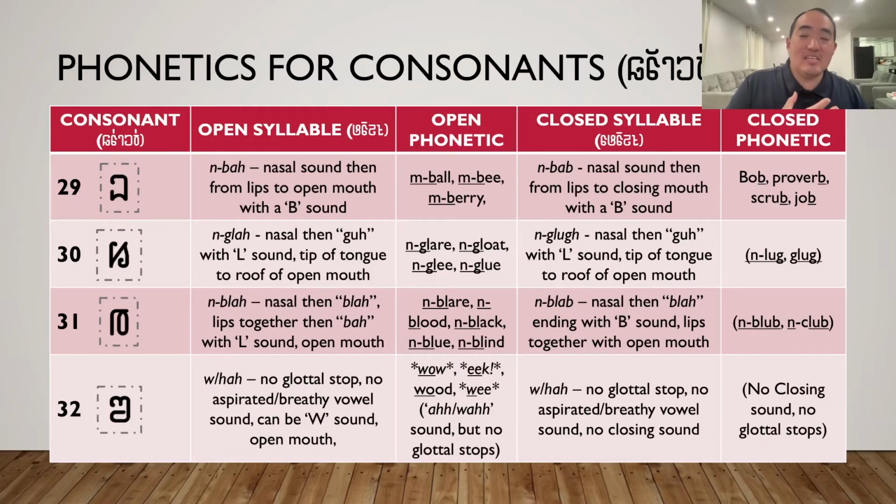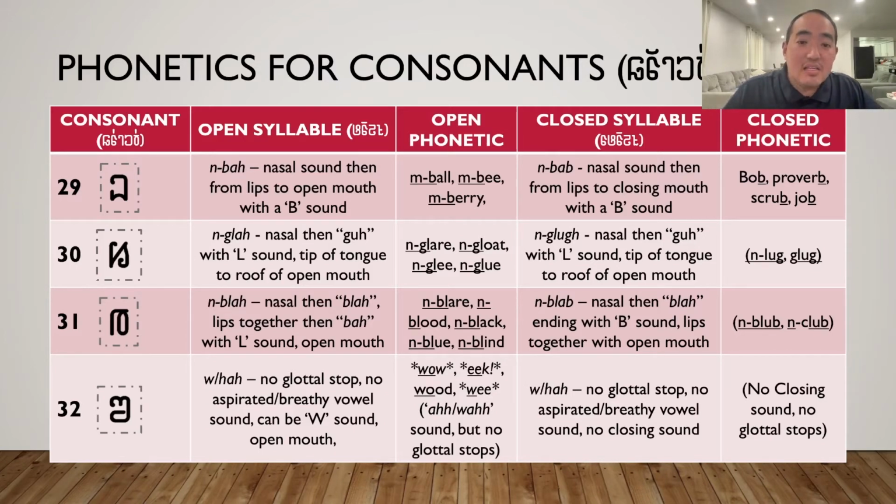So ah has a glottal stop, like you can feel the vocal cords closing. This one does not have a glottal stop, and it's not an aspirated breathy vowel sound as well. But it can be like a W sound, like a wah, right? But this is more of an emphasis on the non-glottal stop sound.